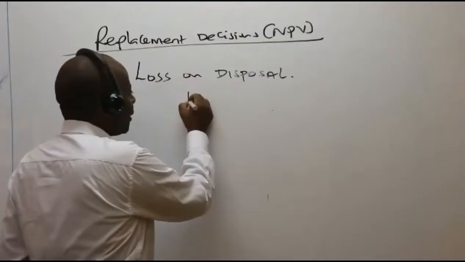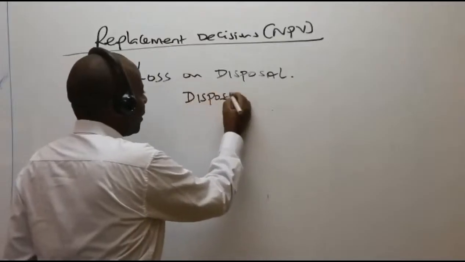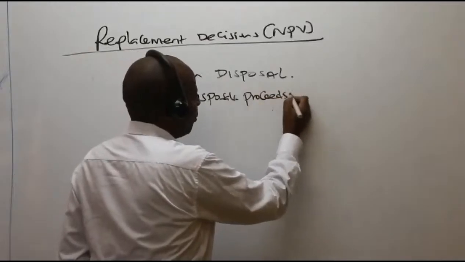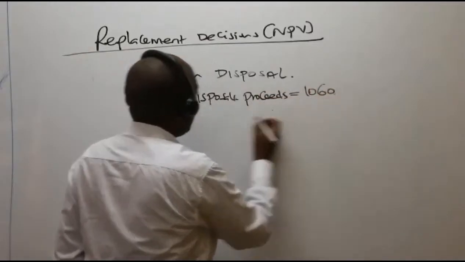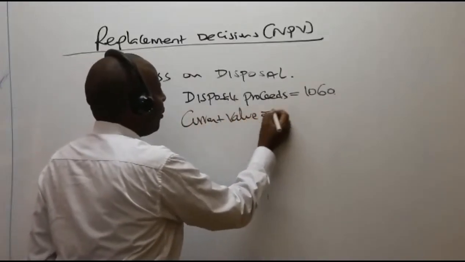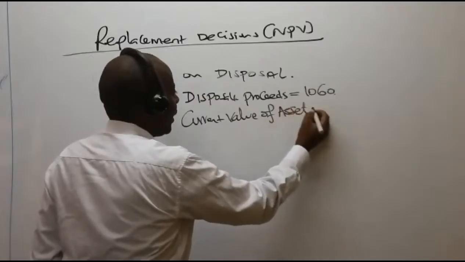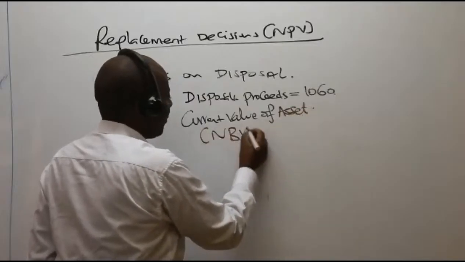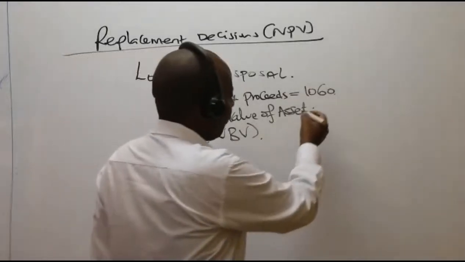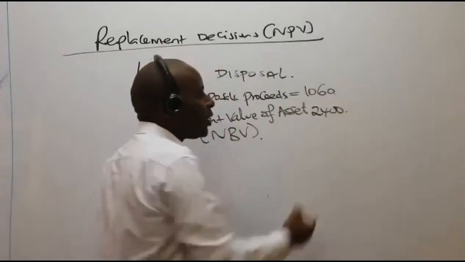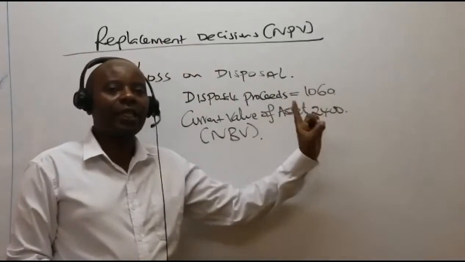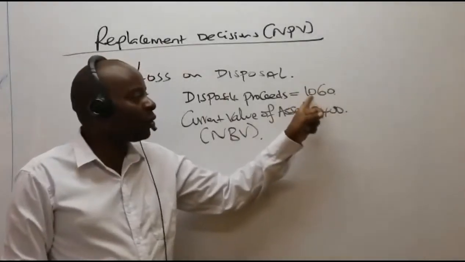We compare the disposal proceeds of 1060, and then now we look at the current value of the asset, as measured by the net book value. So the net book value here, you guys gave me a figure of 2,400. You can see, ladies and gentlemen, that an asset that is worth 2,400, we are selling it for a paltry amount, a smaller amount of 1060.